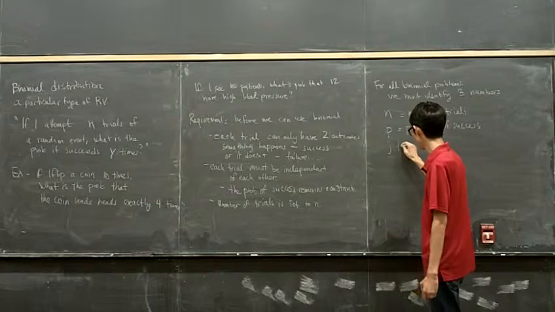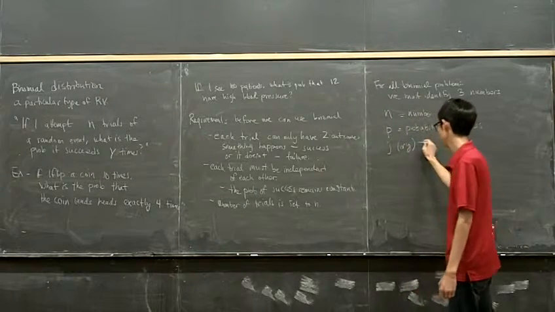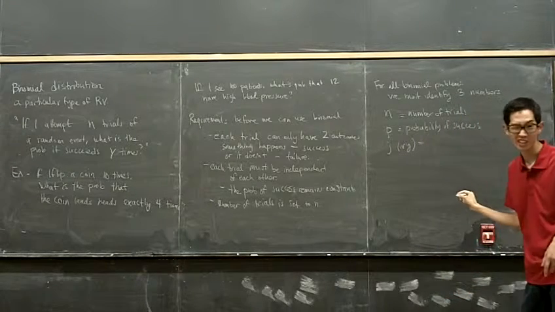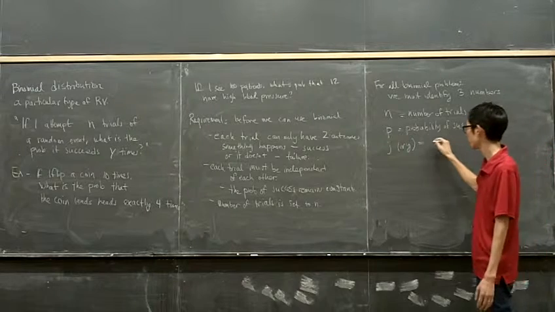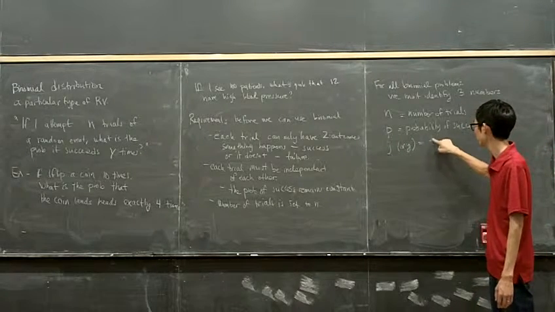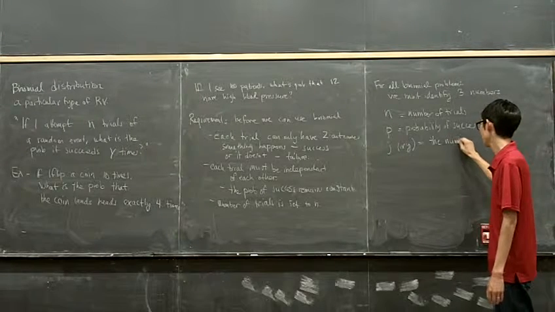And j, or sometimes y, or depending on your book, it might be k, or whatever, just some other letter. This is the number of successes that you are interested in.